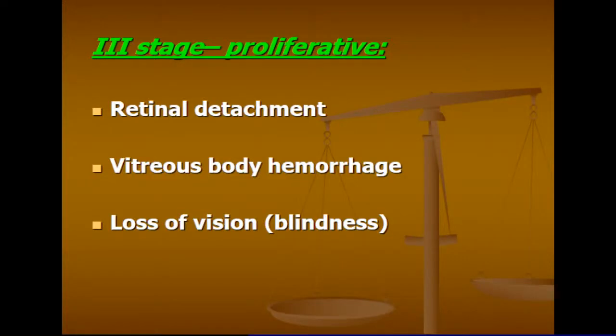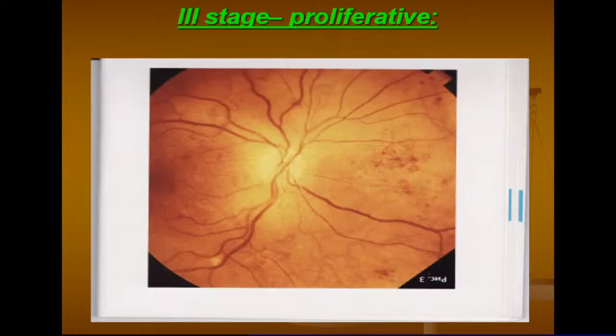Third stage, proliferative: retinal detachment, vitreous body hemorrhage, loss of vision, or sometimes developed blindness. It's a third stage, proliferative diabetic retinopathy.